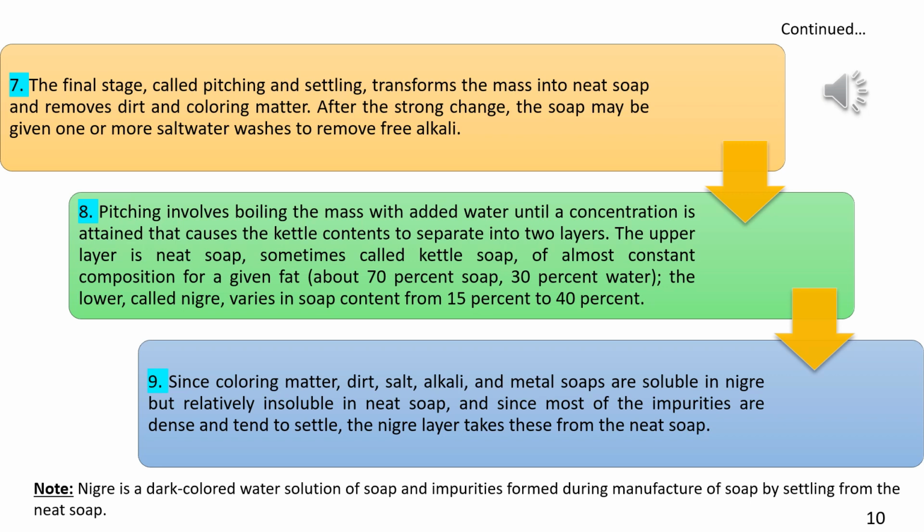Number 9. Coloring matter, dirt, salt, alkali, and metal soap are soluble in nature but relatively insoluble in neat soap. Since most of the impurities are dense and tend to settle, the nigre layer takes these from the neat soap.